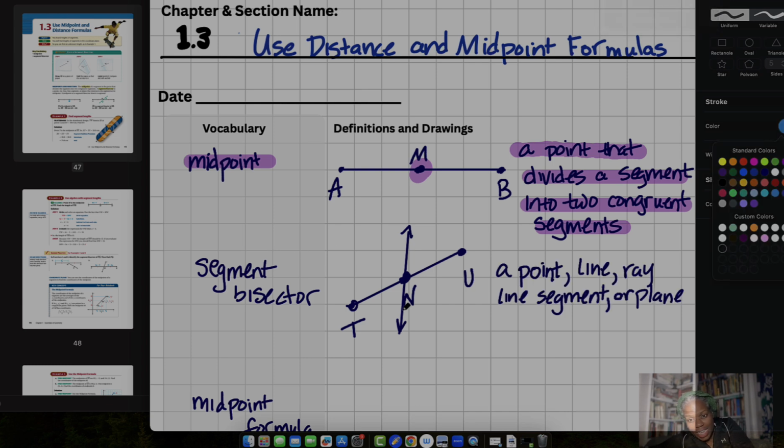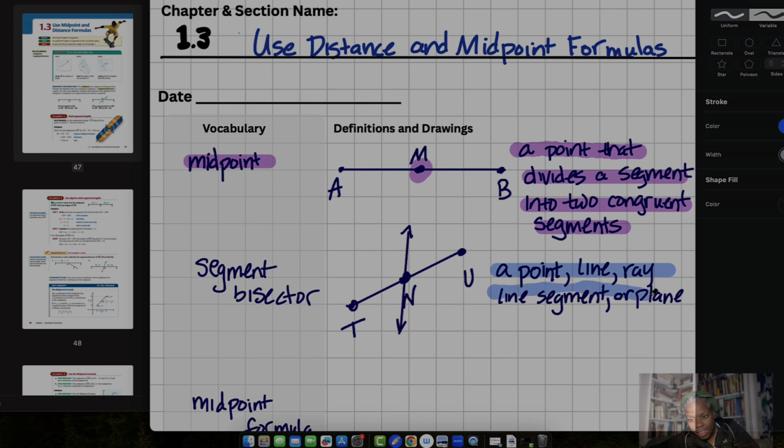All right, so that segment bisector could be a point, it could be a line, it could be a plane, it could be a ray, it could be another segment.